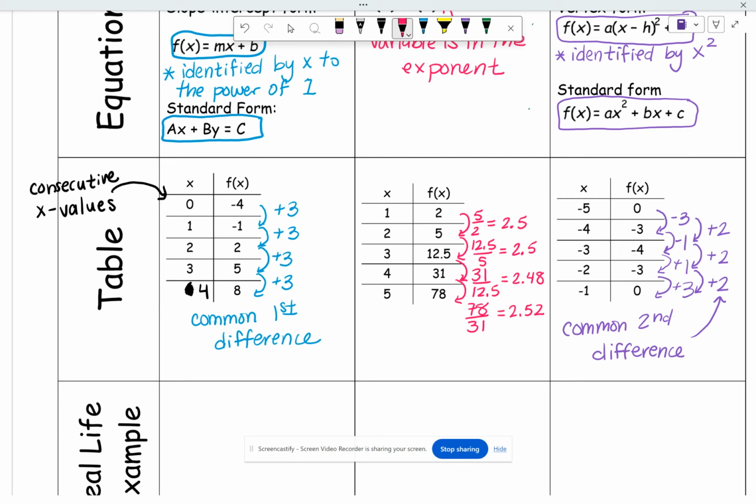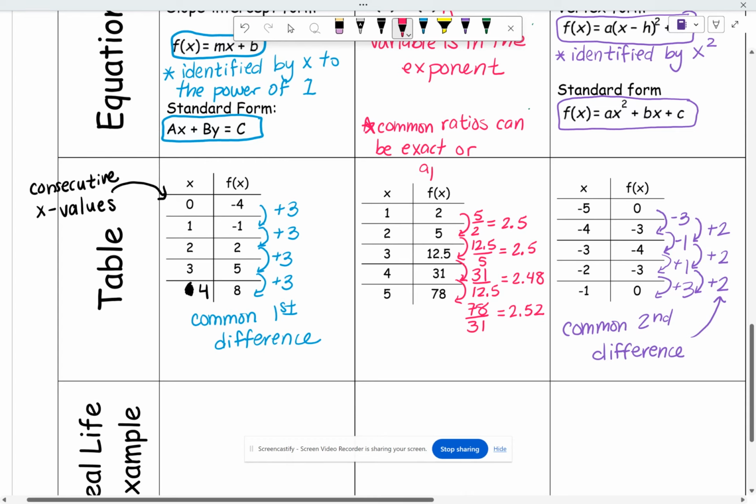So here's one thing about this: common ratios can be exact or approximate. Approximate would be like close. And so this is close enough.